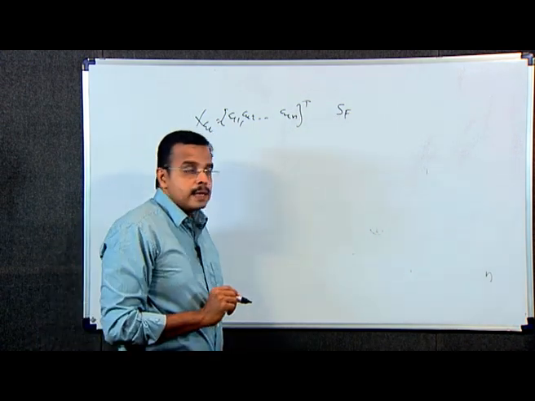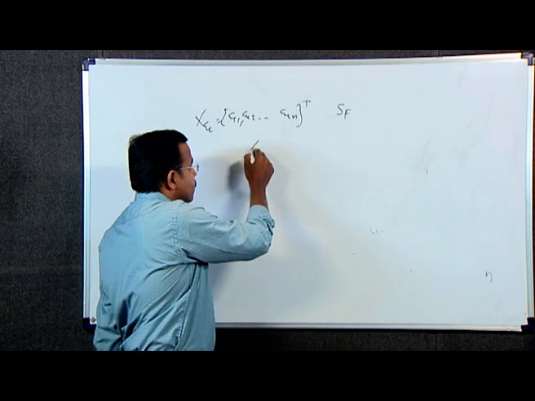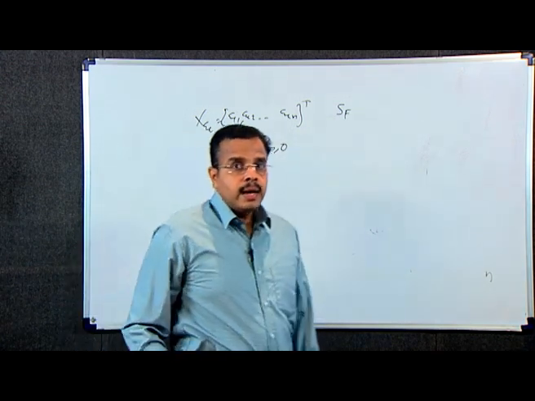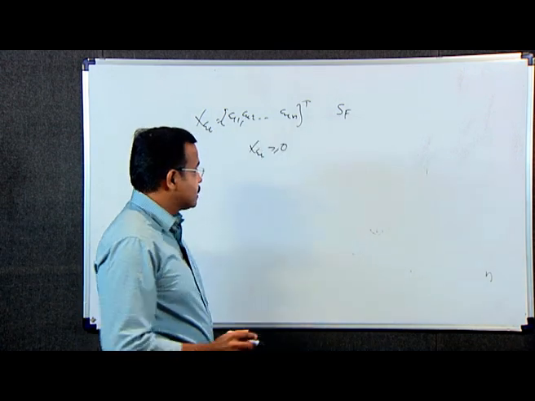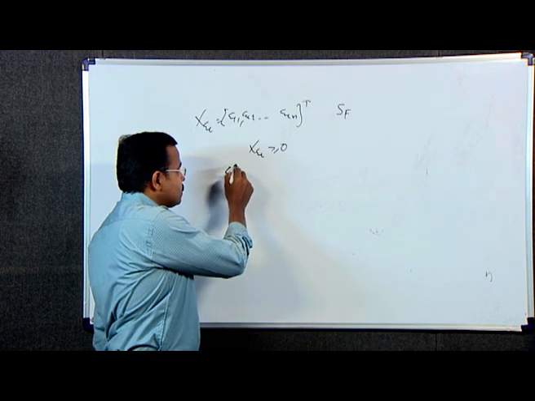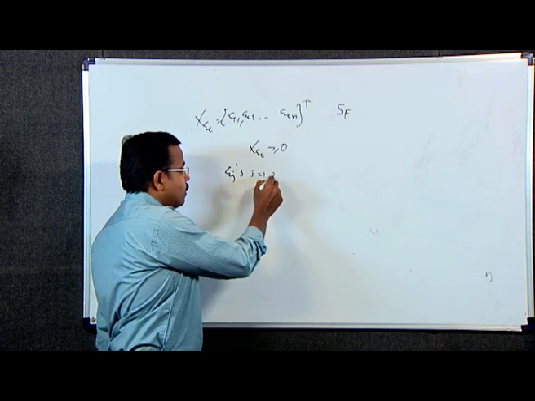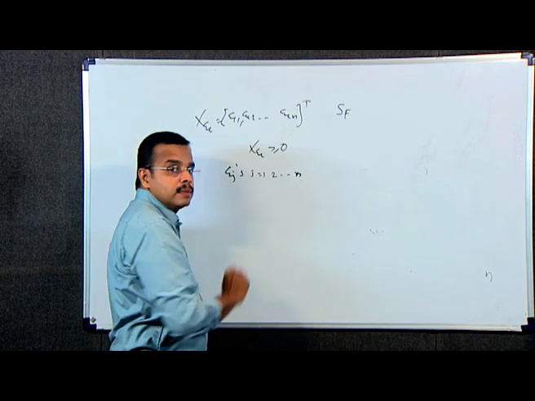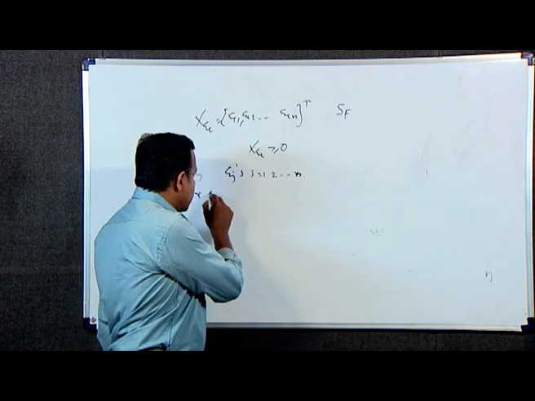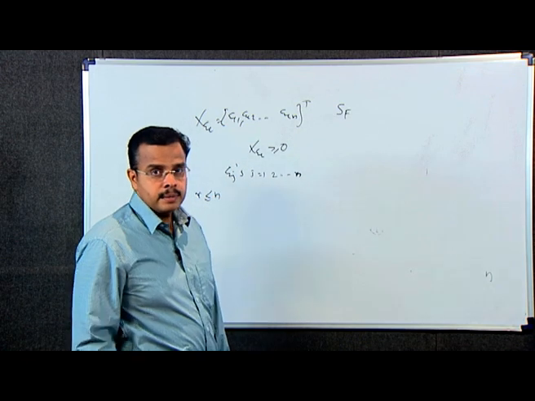Then since x psi belongs to SF, x psi greater than or equal to 0. Let r of the psi j's for j equal to 1, 2 etc. n be non-zero, where r less than or equal to n.